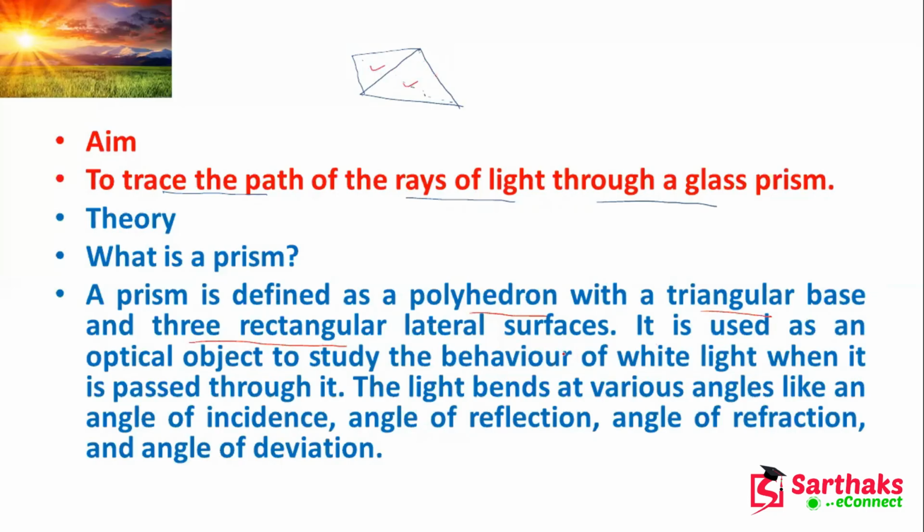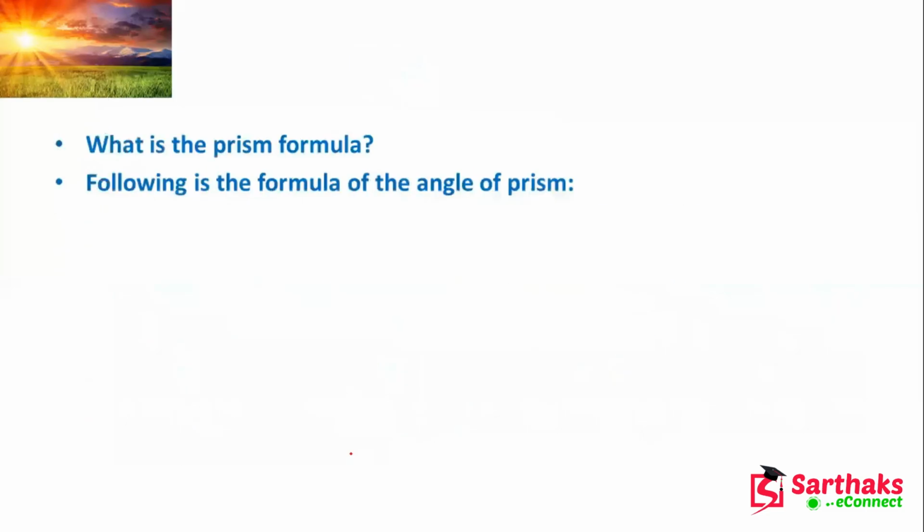It is used as an optical object to study the behavior of white light when it is passed through it. The light bends at various angles, like the angle of incidence, angle of reflection, angle of diffraction, angle of deviation. That is what we are going to find out here.